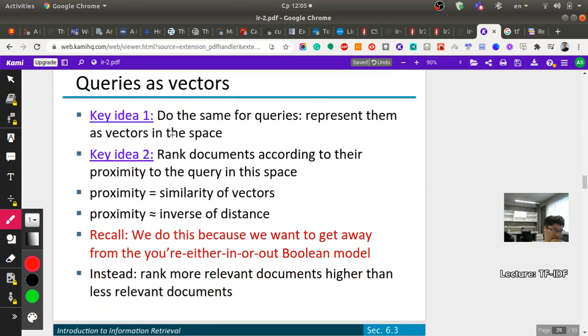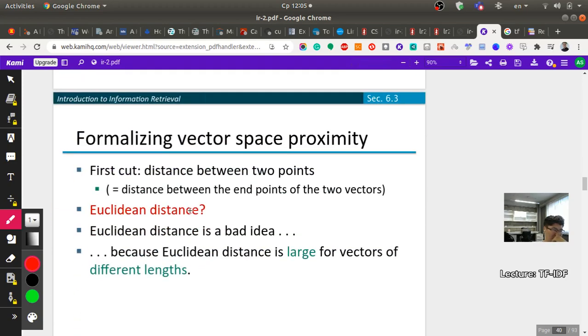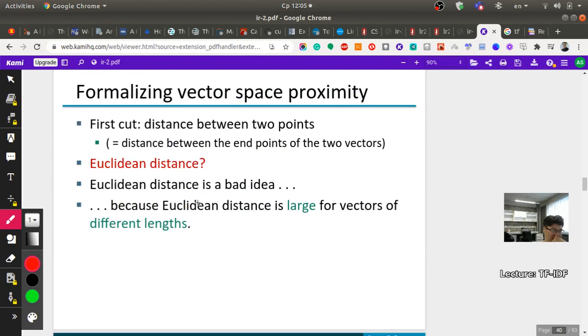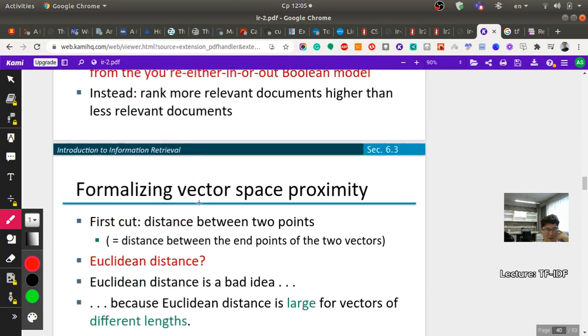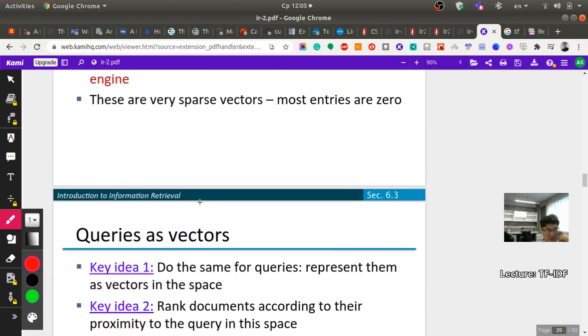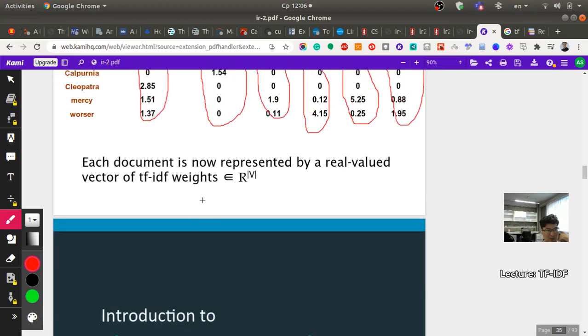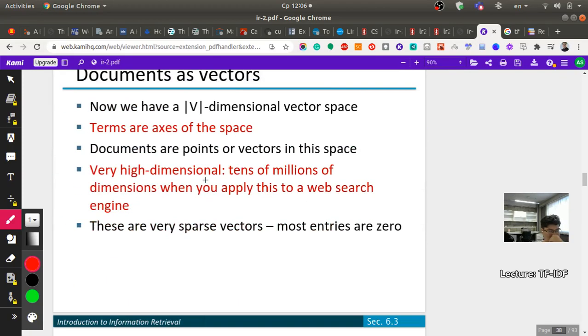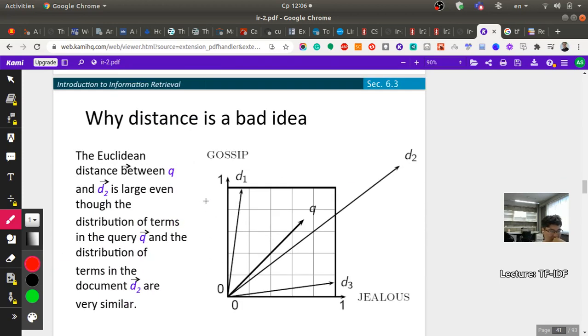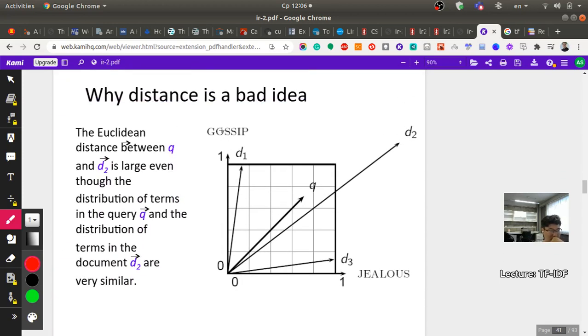Do the same for queries, represent them. Okay, and then we can do some small explanation. For example, you want to understand if two vectors are the same or not. So you compare two vectors. We have here some vectors, for example gossip, jealous.